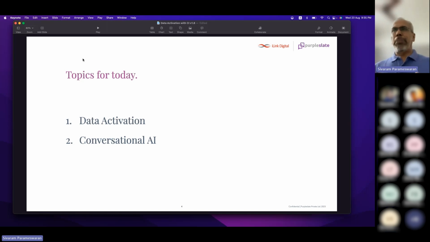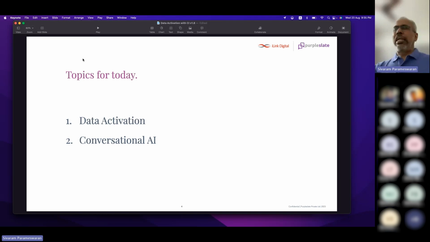I'll be jumping back and forth between the slides and the application, just to give you some context about what I'm talking about, and how we are really applying those technology concepts to these two problems: data activation as well as conversational AI.